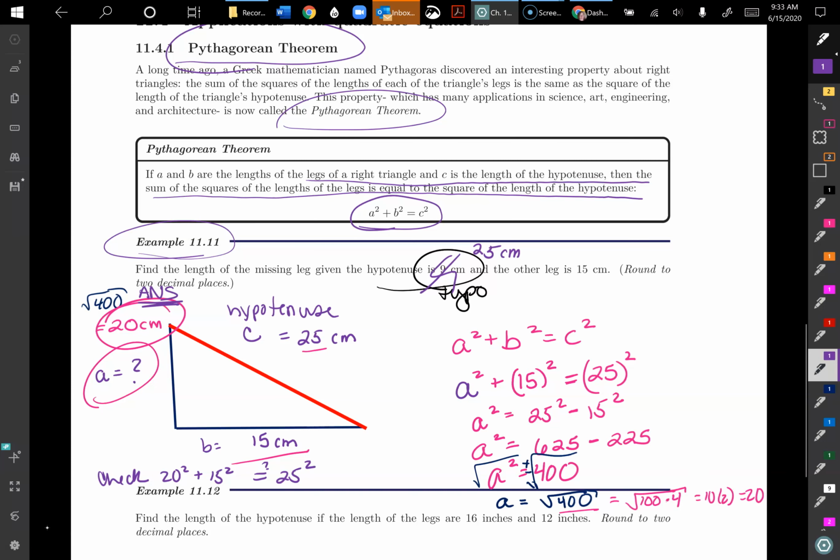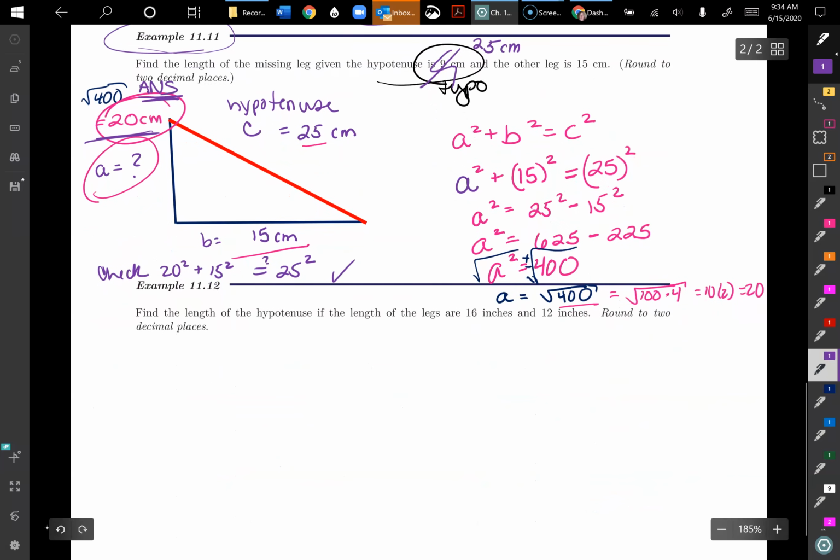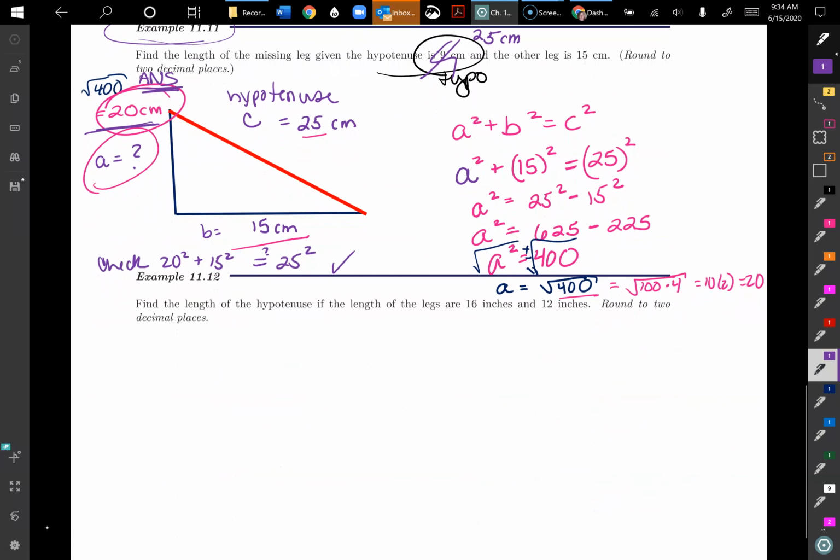So just double check. 20 squared does in fact equal 400. 15 squared was the 225, so that's 625, and that is the same as what we got for our C squared. So that's basically all it is to that. When we have a missing leg, it's a little trickier than when we have just a straight out one.